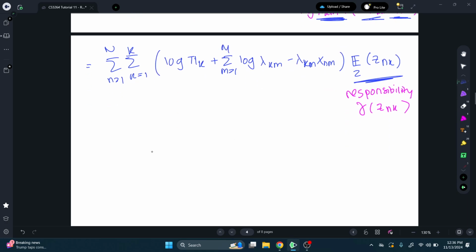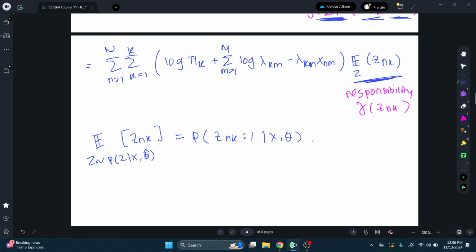Let's see. This expectation of z_nk with respect to z, which is distributed by p of z given x following the current set theta hat, is essentially just the probability of z_nk equals 1 given x and theta hat. Why can we model it like this?